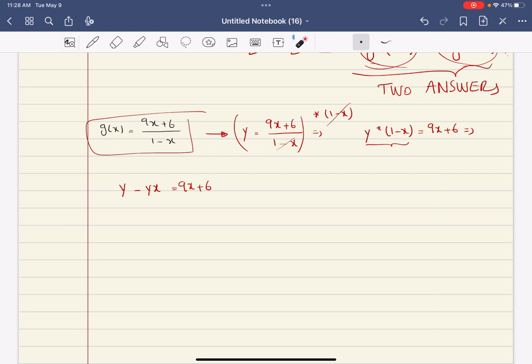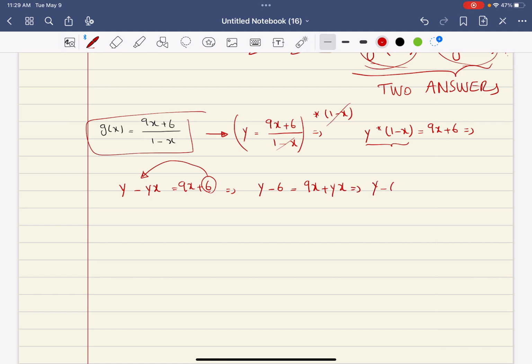So again, we have to always recall, we need to find x as a function of y. So x's should go to one single side of the equality, and y's should go to the other side. So let's write it like this. I'm going to move it to the left hand side. y minus 6 equals 9x plus y times x.